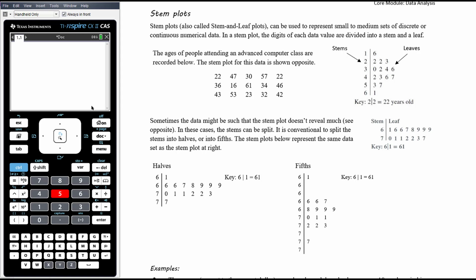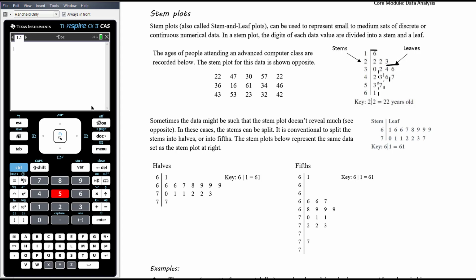Once again, like the dot plot, making sure that things are evenly spaced is important. It's really important that each of these columns of data is evenly spaced, because again, it's giving us a sense of the scale, a sense that there are more pieces of data in this group than in this group.